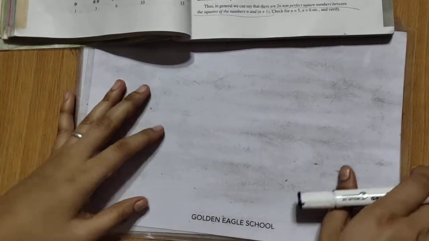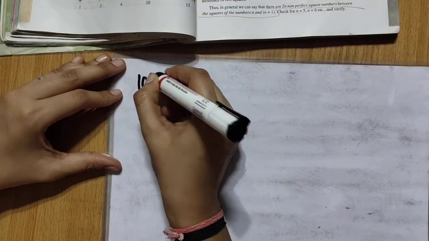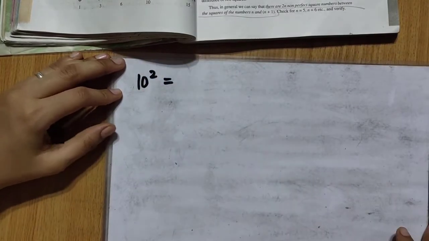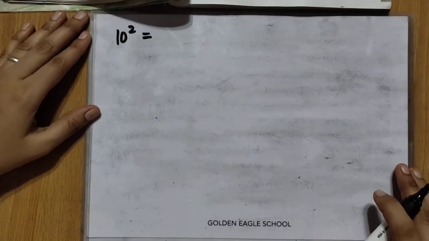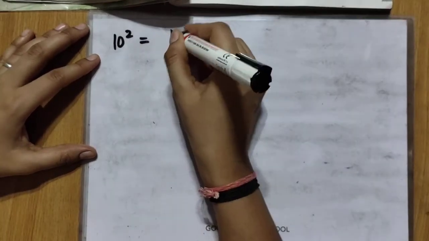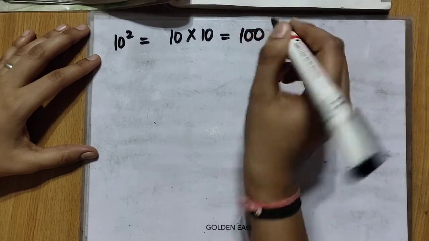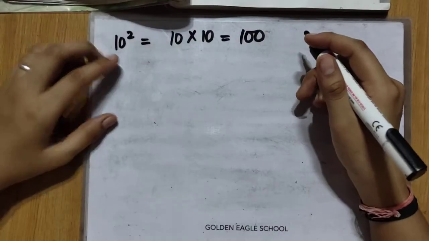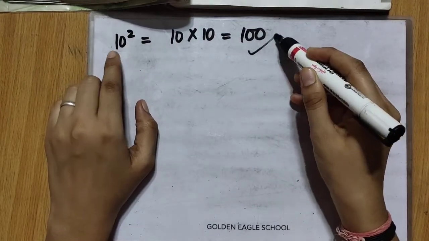And one more property is there, that whenever we square a number which is ending in 0. Okay, for example 10 square, so how will we find 10 square? 10 square will be 10 multiplied by 10, that is 100. Okay, so whenever we have one 0, we get double zeros.